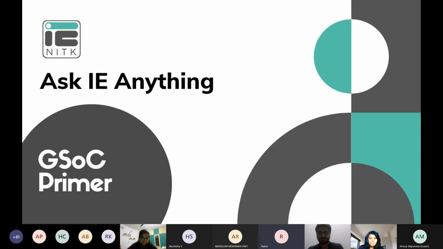So yes, I did my GSoC with OpenStreetMap, OpenStreetMap's Nominatim project.